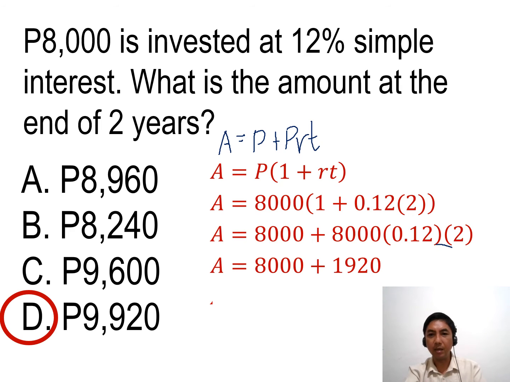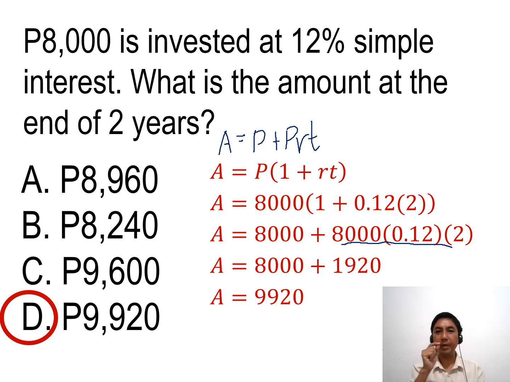Ito, is equivalent to 1,920. Imo-multiply mo lang yan, ha. So, 0.12 times 8,000. Sunod, multiplied by 2. So, ito yung kalalabasan mo. So, you're given 1,920. And then you add. Ang lalabas doon is 9,920. So, in other words, yung 8,000 mo, after 2 years, magiging na siyang 9,920 pesos.